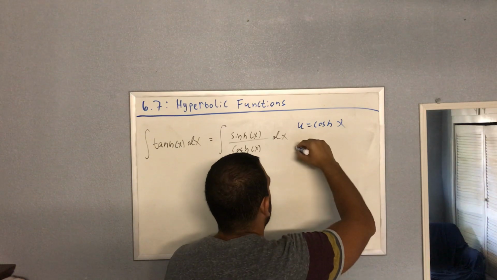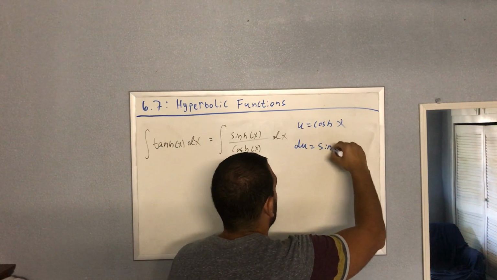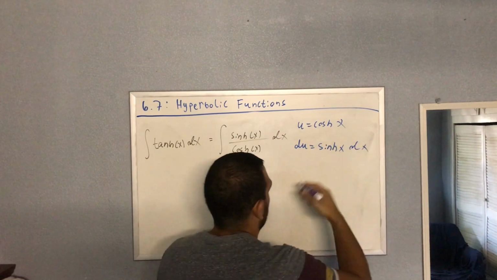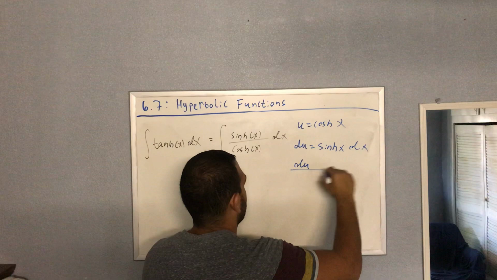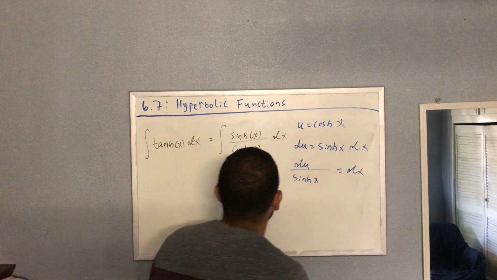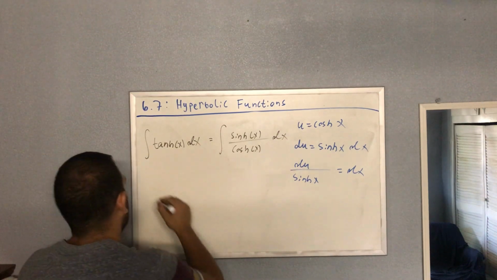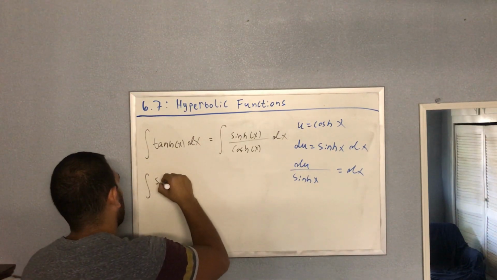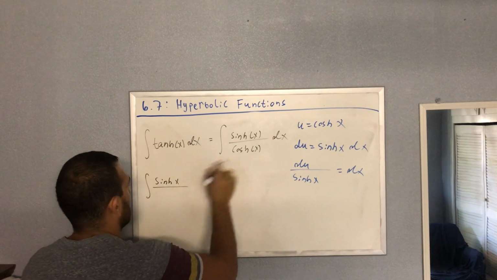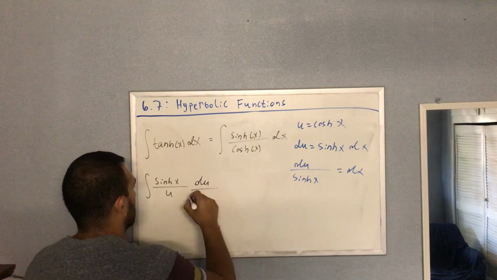And then remember, du then would be the derivative of this, which is just sinh, not negative sinh. And so du divided by sinh is dx. Okay? So now we have the integral, and then this is u, and then dx gets replaced with this.